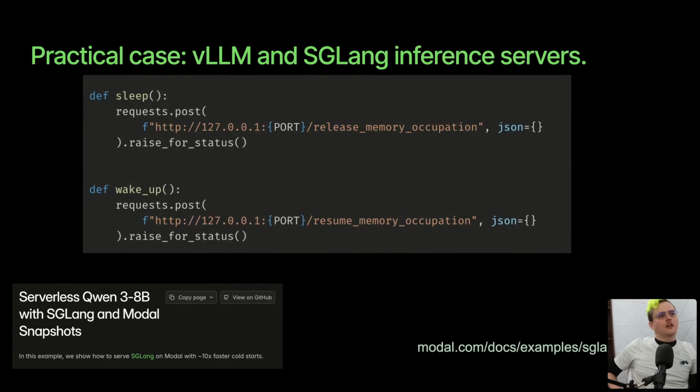The key thing here is that you do need to adjust the server a little bit. You need to add this release and resume memory occupation feature. So you want to spin up the server, then actually drop the KV cache, and then wake the server back up.